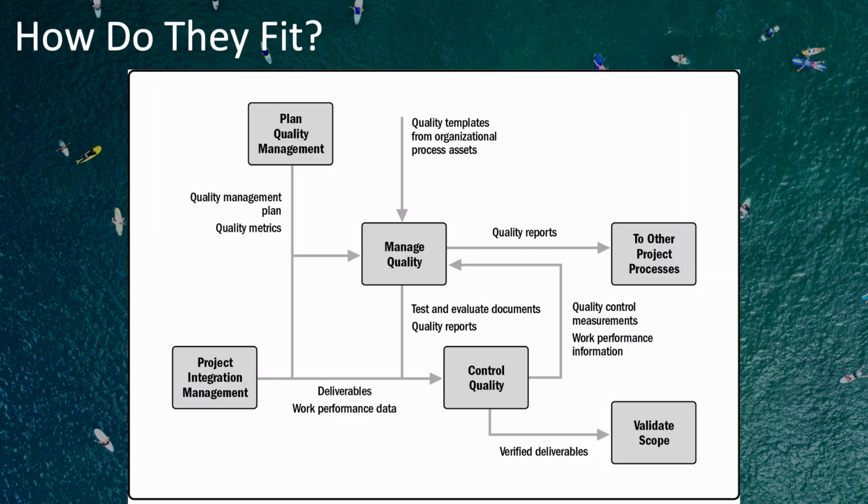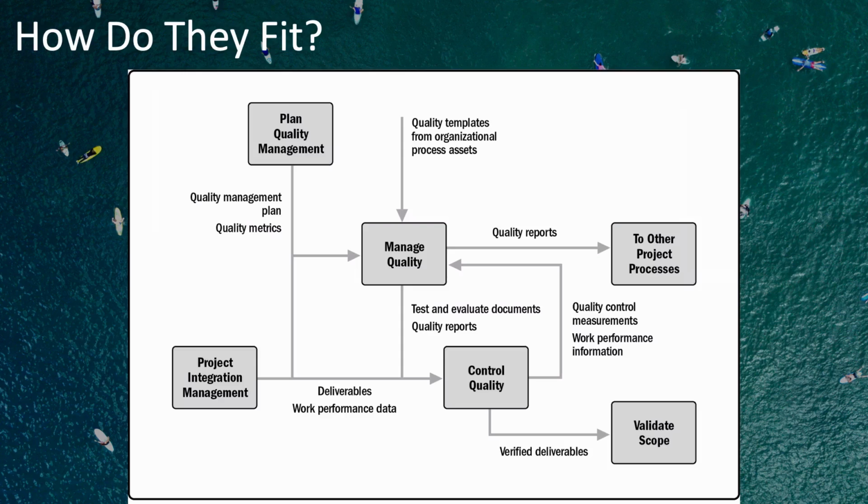Now let's move to the control quality process. It has quality metrics coming in from the quality management plan, which it then uses to create quality control measurements based on these metrics and guidelines and raw data. It also takes this raw work performance data and analyzes it and produces work performance information, which then feeds into the manage quality process.